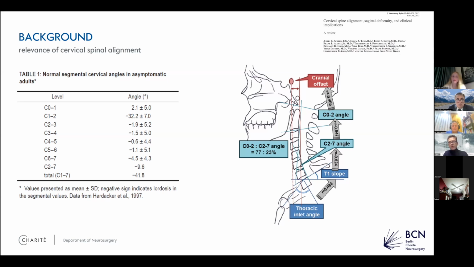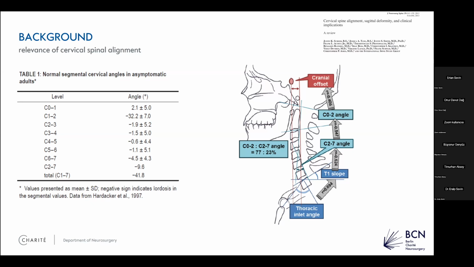Then the T1 slope will determine the thoracic inlet. And you can already see that similar to the lumbar spine, where most of the lumbar lordosis comes from L4 to S1, that is 70%, it's very similar in the cervical spine, where 70% of the cervical lordosis is coming from C0 to C2, from the axial spine.